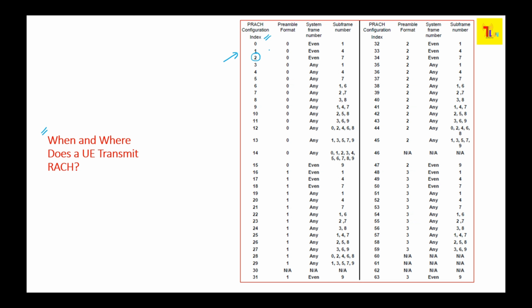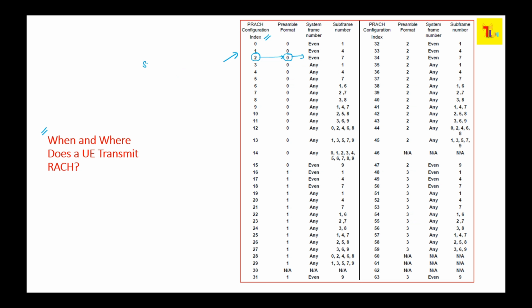If your eNodeB is configured with PRACH config index 2, it means your UE is going to use preamble format 0, and to transmit that RACH it can select any system frame number.